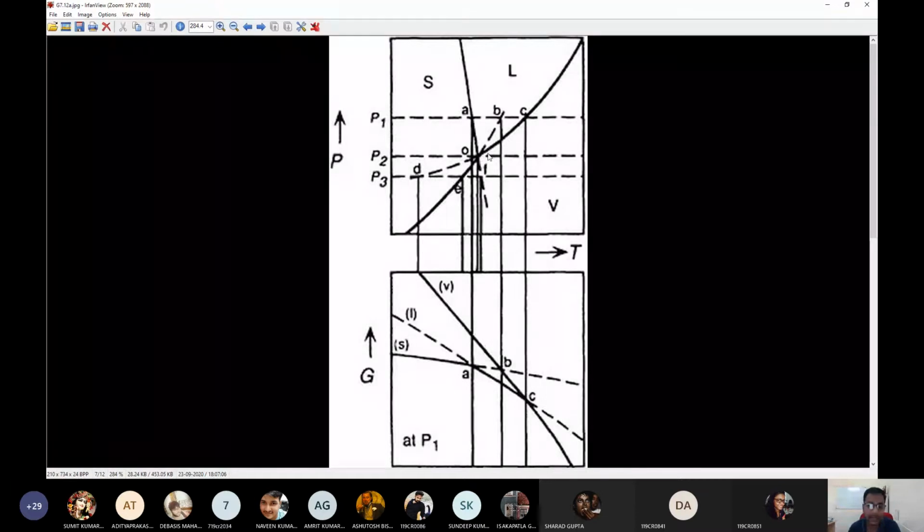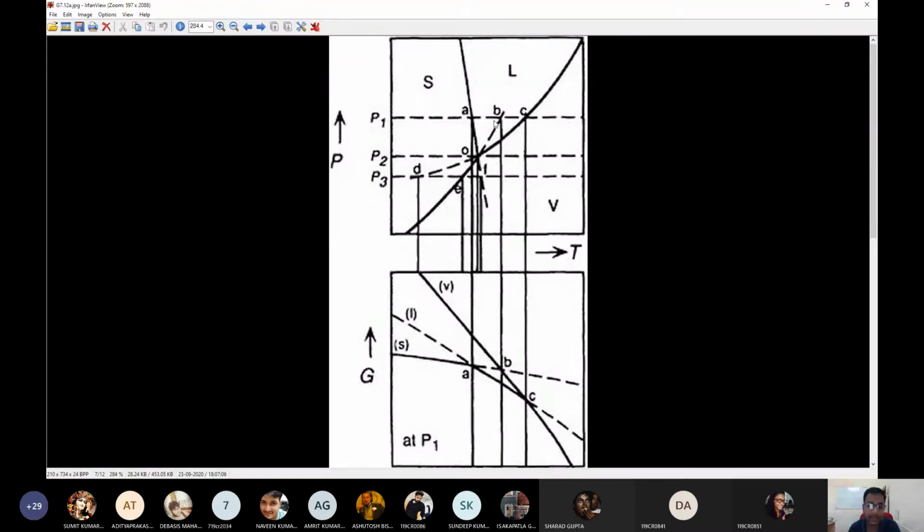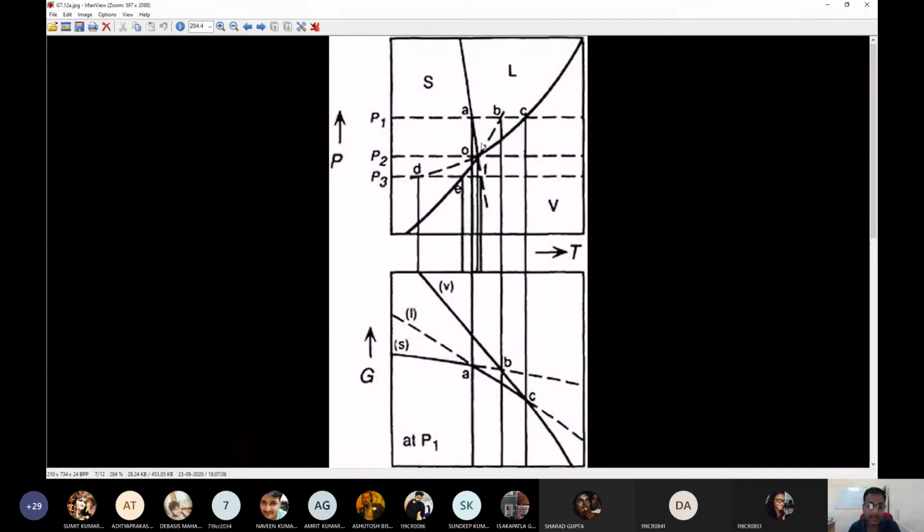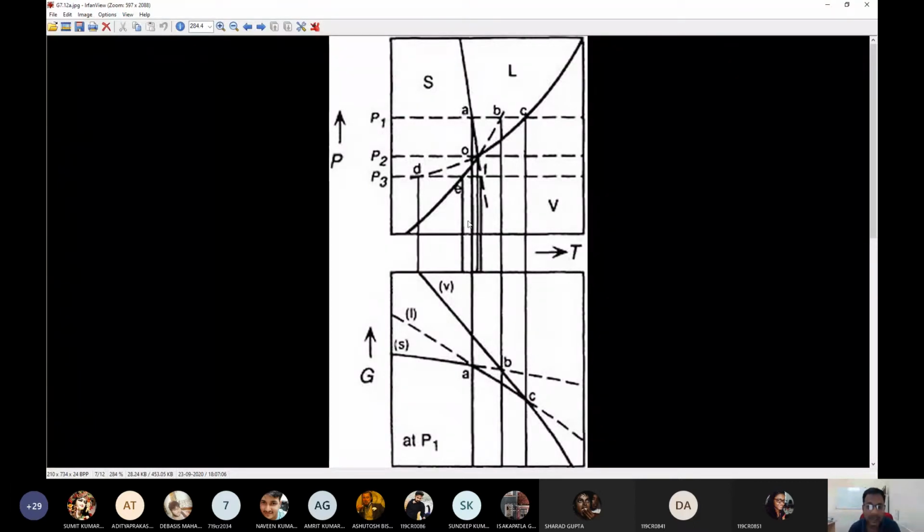And this dotted line, which is actually the point B, where this dotted line hits the P1 slice, is actually an extension of the two-phase equilibrium between solid and vapor phase, which is this line. Okay, the equilibrium line between solid phase and the vapor phase is this line. This is a two-phase equilibrium line.